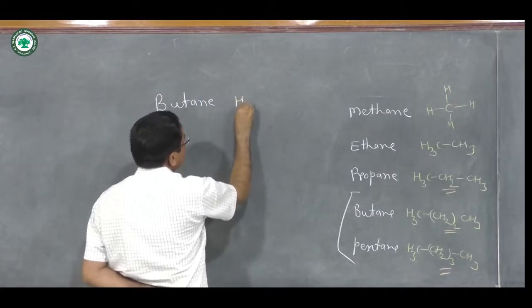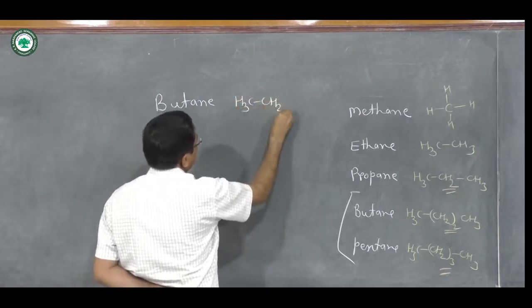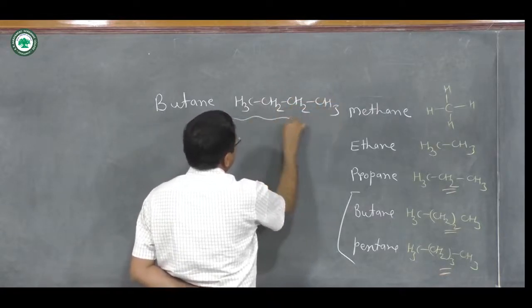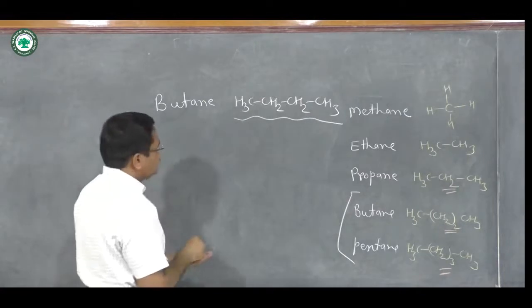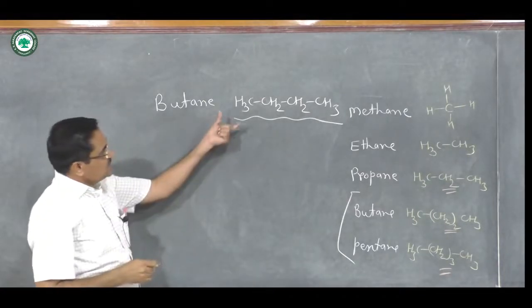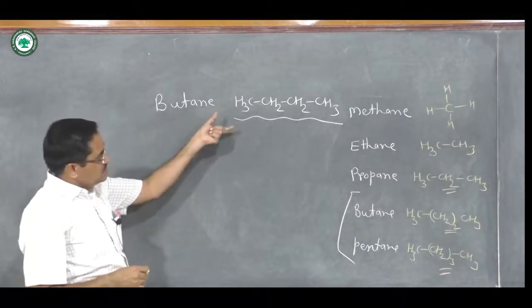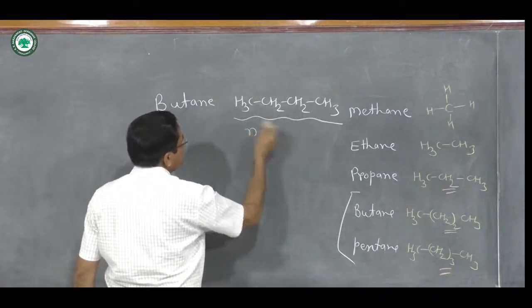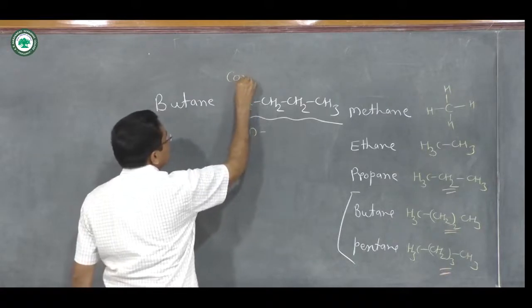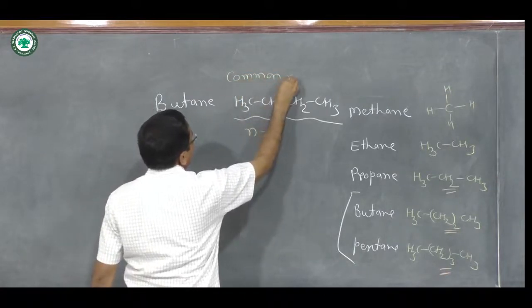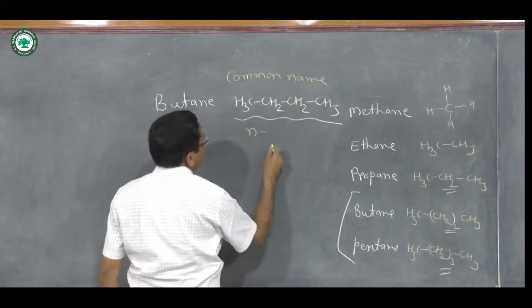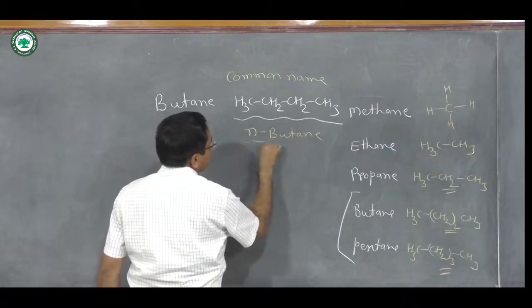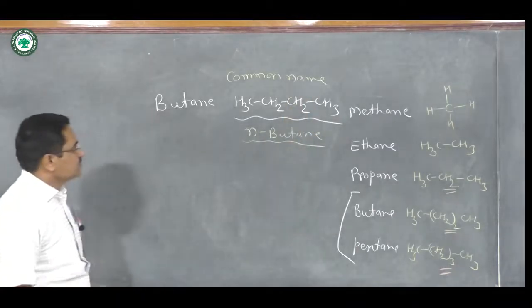Suppose when there is no branch in this compound, then the common name of this compound is N-butane. N-butane.